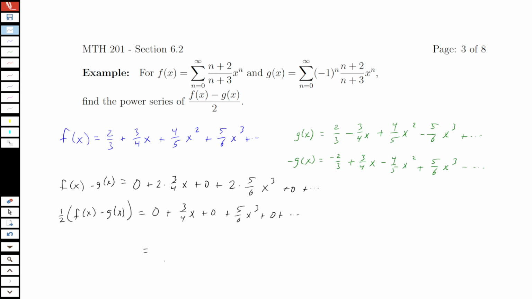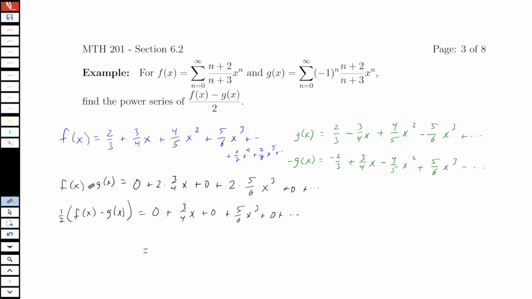Okay, so it might be helpful if I had another couple terms in here. The next term would have been 6/7 x to the 4th, and then a 7/8 x to the 5th, and so on from there.